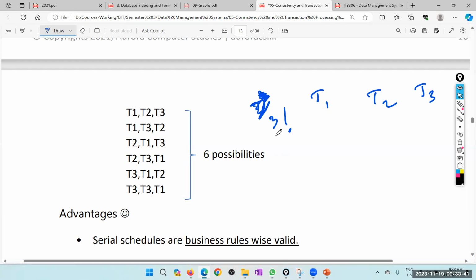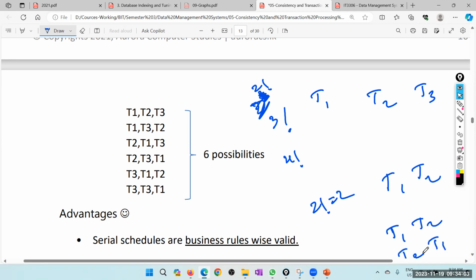Because we have 3 transactions, factorial 3 possibilities. If you have 4 transactions, factorial 4 possibilities. If you have 2 transactions, factorial 2, or 2 possibilities. For example, if you have 2 transactions, T1 and T2, the 2 possibilities are, remember factorial 2 is 2: T1 and then T2, or first do T2 and then do T1. Both are valid.